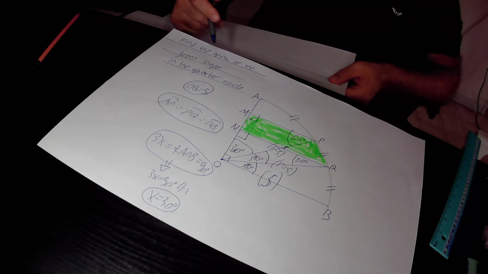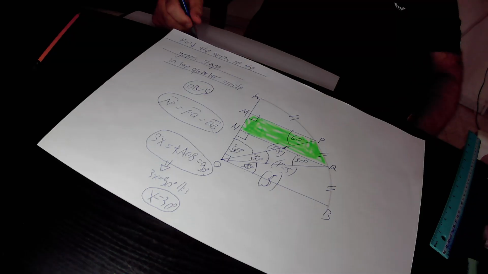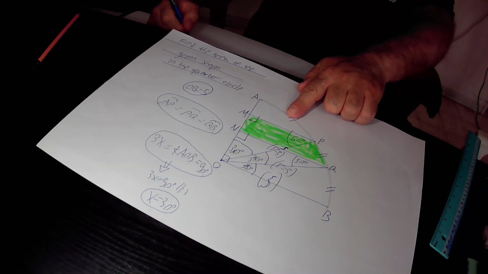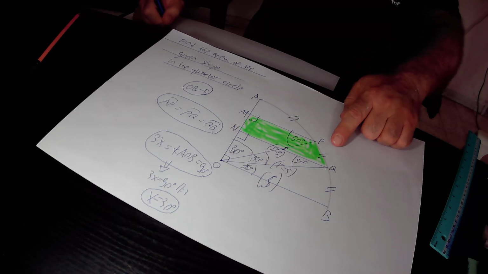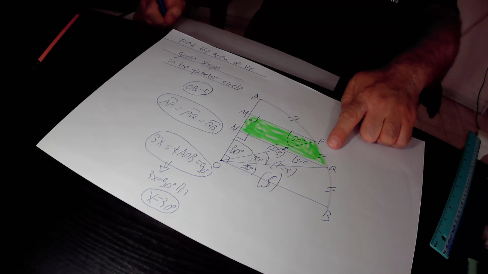So write it down. The area of the green shape is equal to the area of this quadrilateral MNSP plus the area of this shape PSQ.